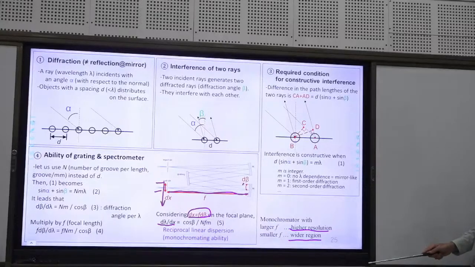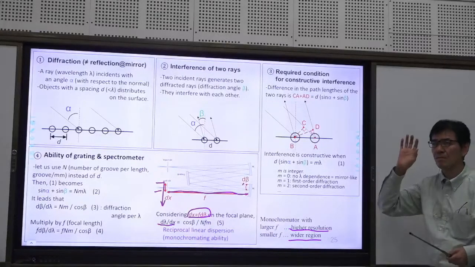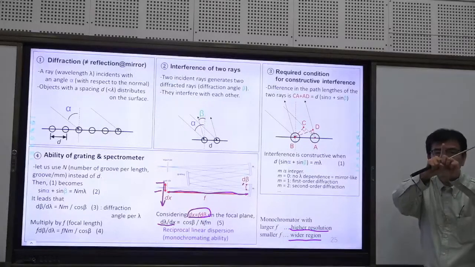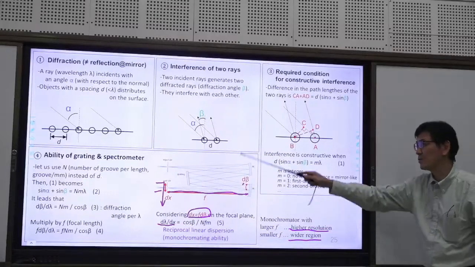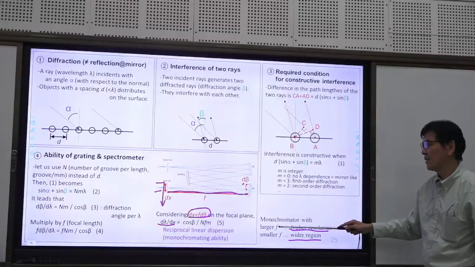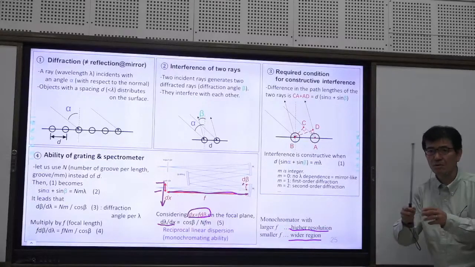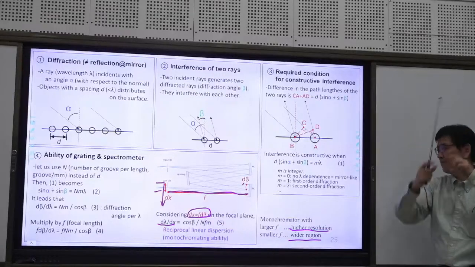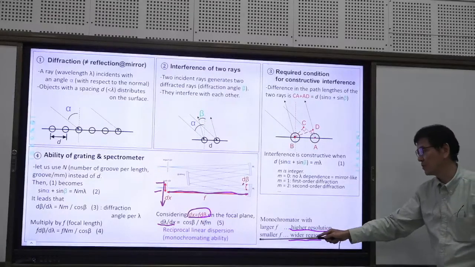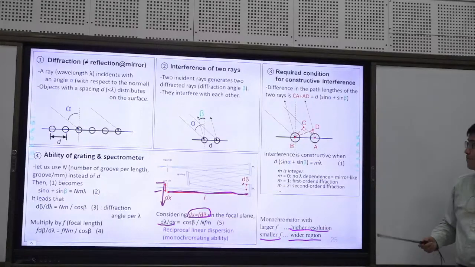Again, it depends on your purpose. If you want to separate two peaks very nicely, please choose a larger monochromator with larger focal length f. If you want to measure the whole spectrum at once, then please choose a small f monochromator. It covers a wider region.